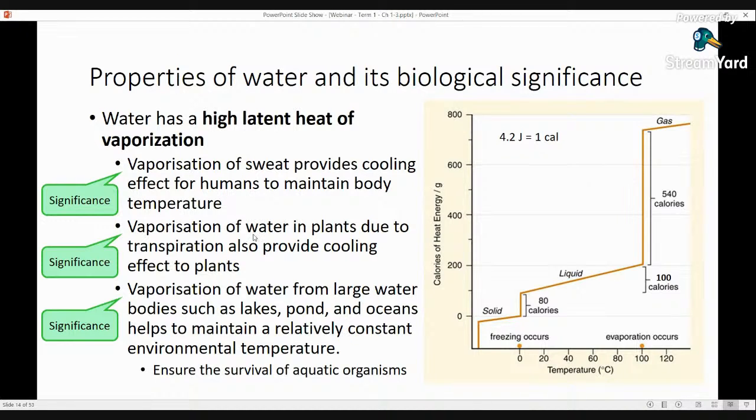Second, in plants, transpiration also provides a cooling effect to the plant. And the last one is for environmental habitats: vaporization of water from large water bodies carries away a large amount of heat, so they can maintain a relatively constant environmental temperature. This ensures the survival of aquatic organisms.